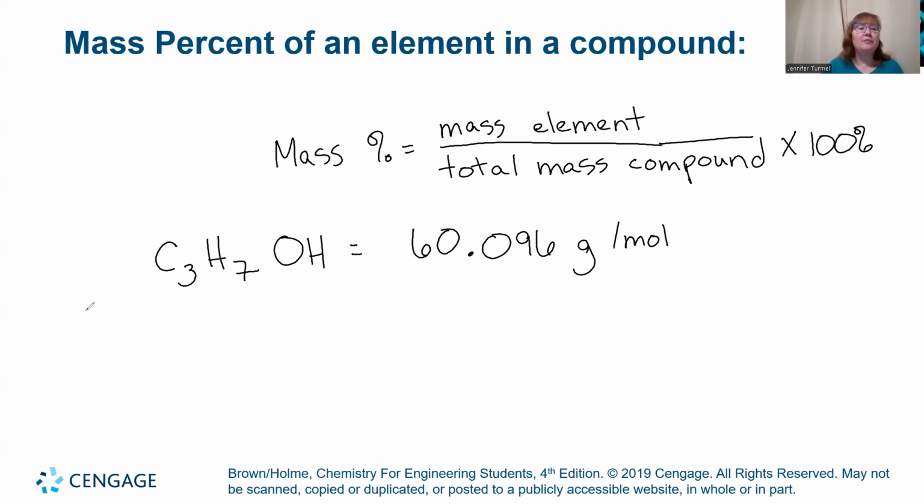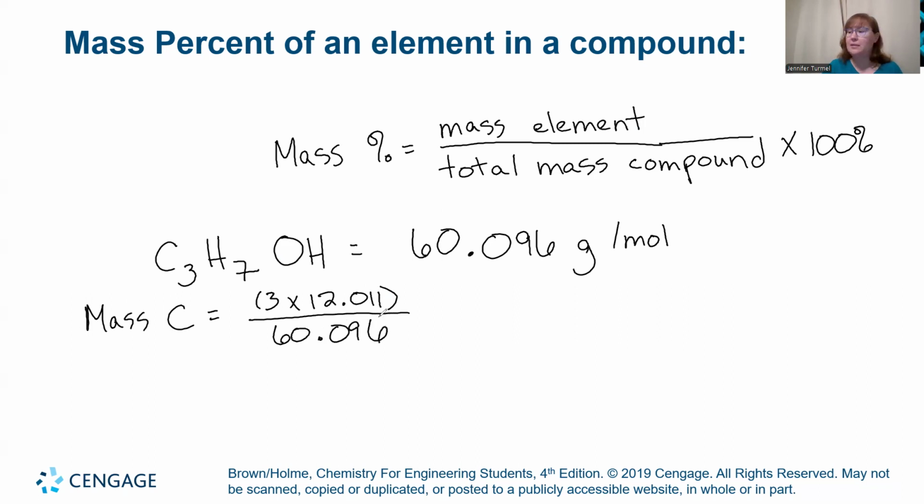And so if we wanted to find the mass percent of each element, so first of all, the mass of carbon in this, we've got 3, it would be 3 times 12.011 divided by 60.096.